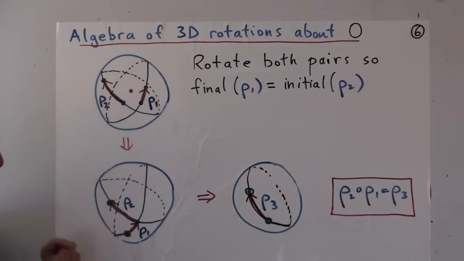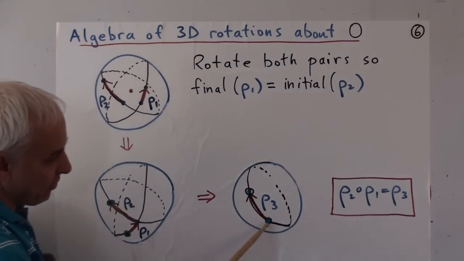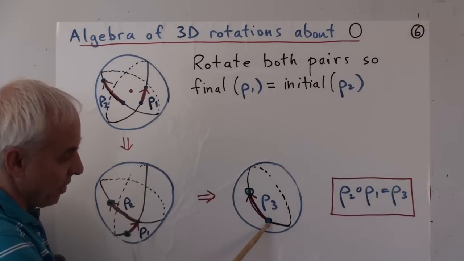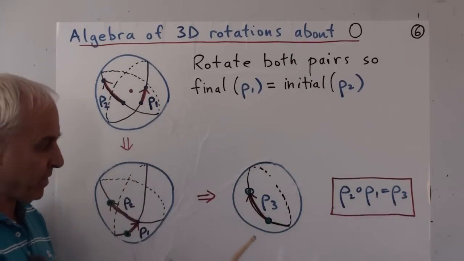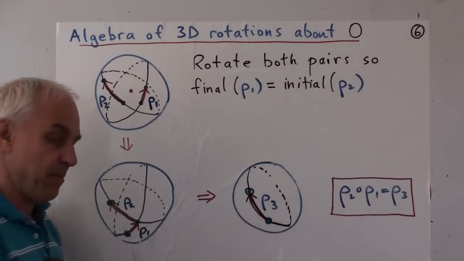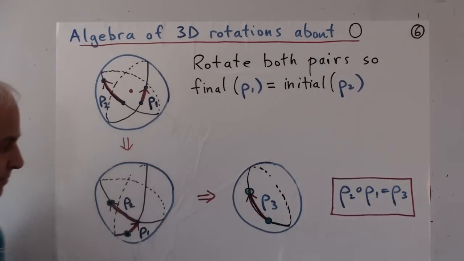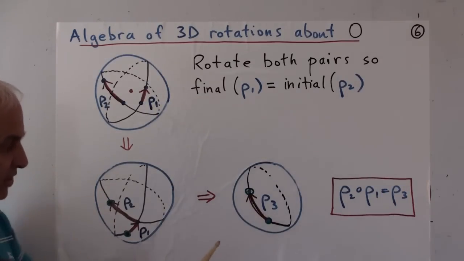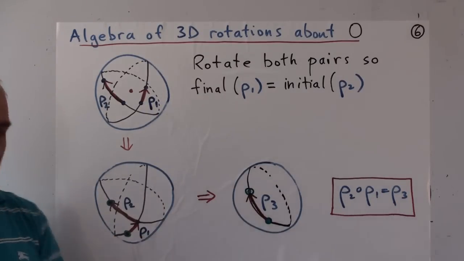So the product reduces to just a product of two reflections in planes perpendicular to points, namely to this point and to this point. So the composition of these two rotations ends up being the rotation determined by reflecting in the plane perpendicular to this point, followed by reflecting in the plane perpendicular to that point. And that's given by the vector on the great circle joining these two points.